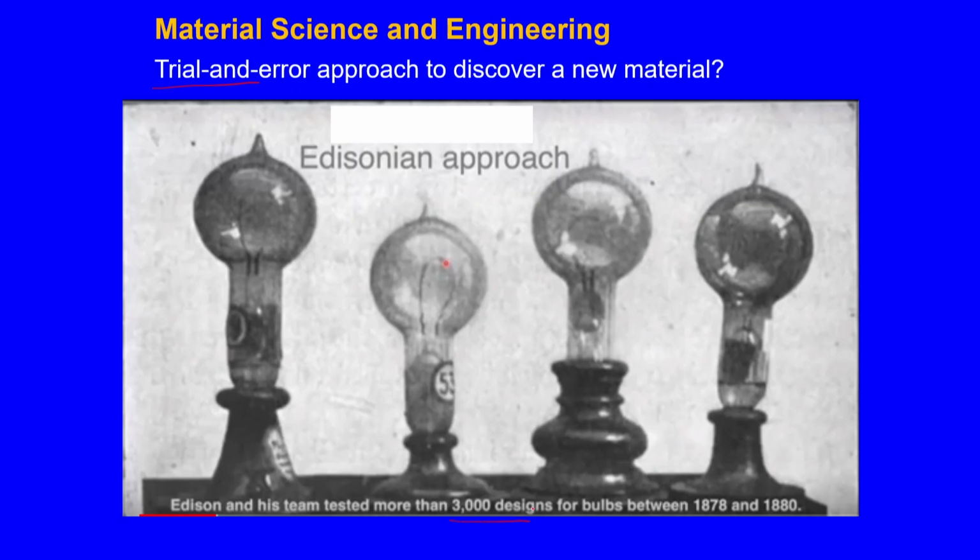He tried more than 3,000 designs of the bulb between 1878 and two years' time. He tried many ways and then he succeeded. That is why it is called an Edisonian approach, trial and error. This is one way of discovering new materials. You try hard and discover new materials, correct.